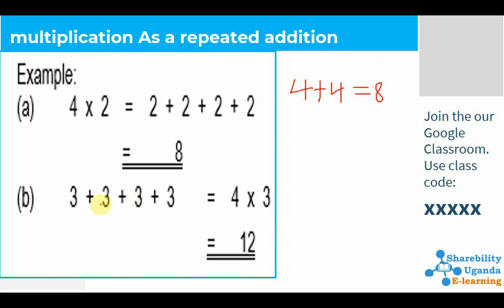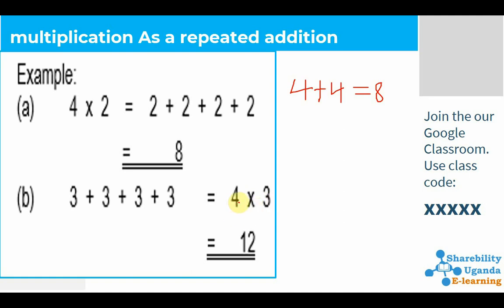We also have 3 plus 3 plus 3 plus 3. How many times? 1, 2, 3, 4. So that is the same as 4 times 3, which is equal to 12.